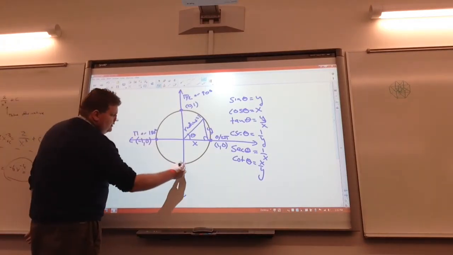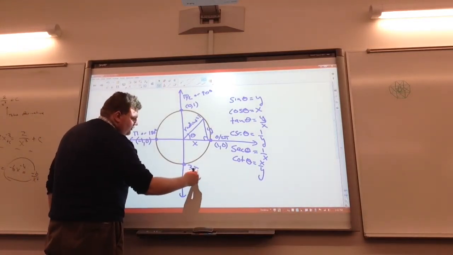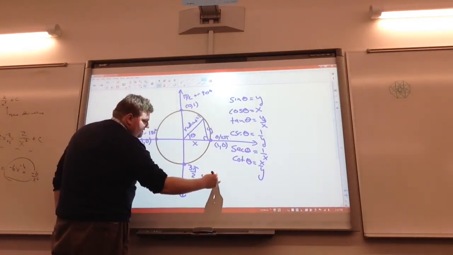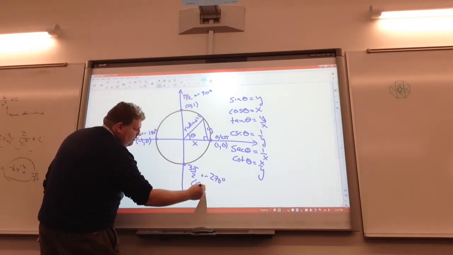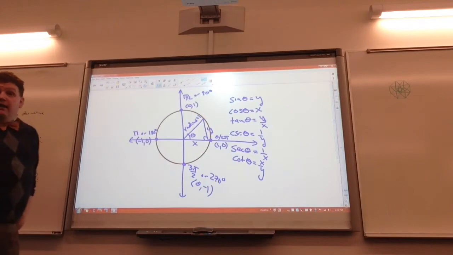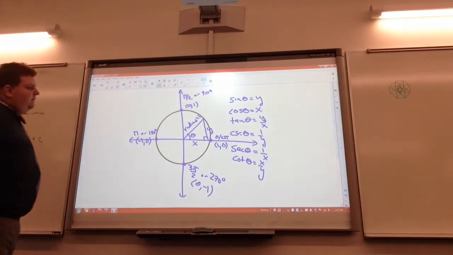Down here, same idea. This is 3 pi over 2, or 270 degrees. I'd have the xy coordinates of 0, -1. So the 4 cardinal directions are easy. They're some combination of 1, 0, or 0, 1, and that's what they correspond to.